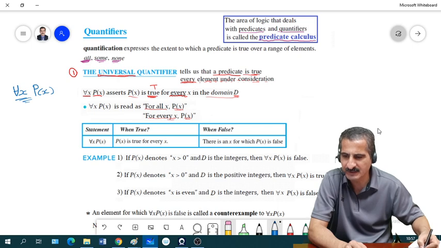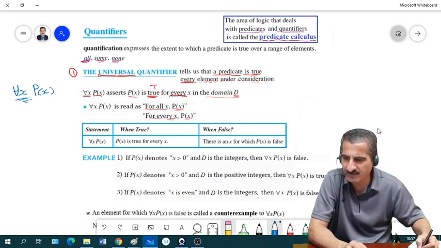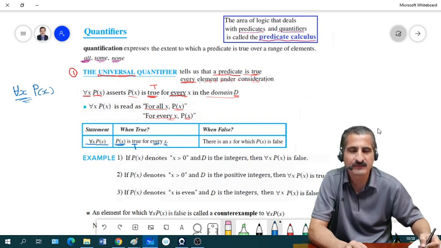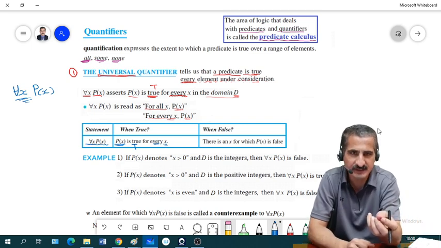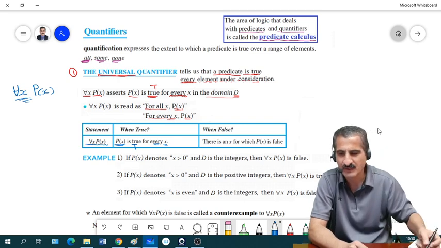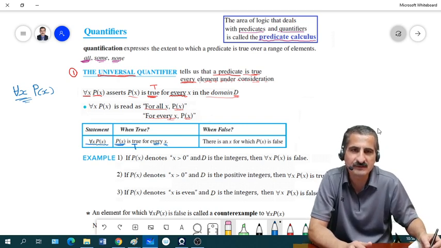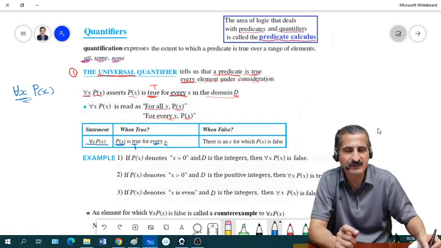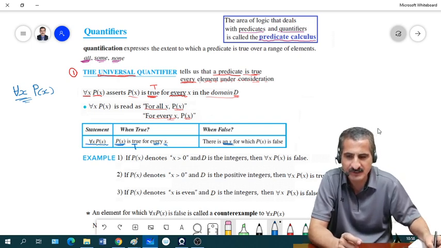And the universal quantifier here is true whenever p of x is true for every x. This is natural. For every x, p of x is true. And it is false whenever there is an element x for which p of x is not true, or p of x is false.